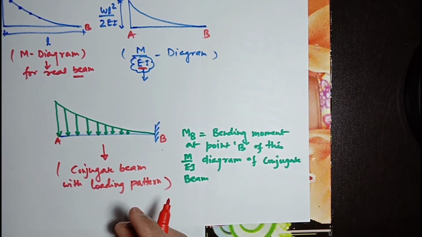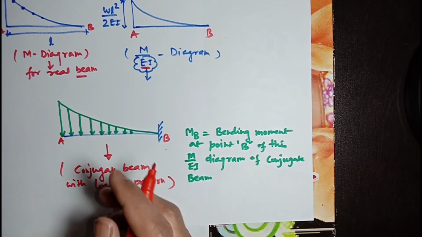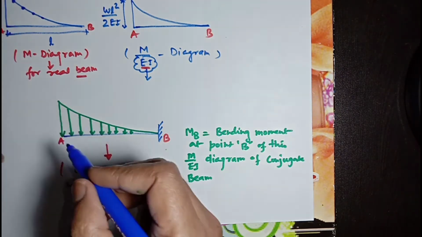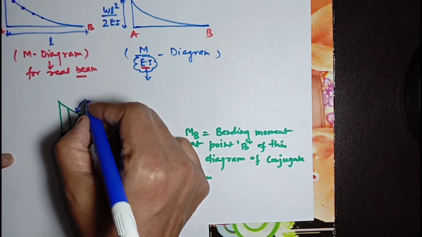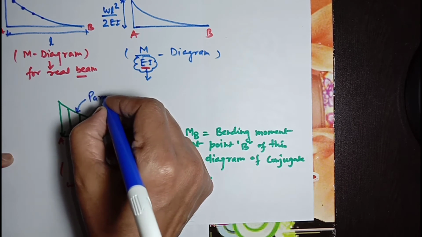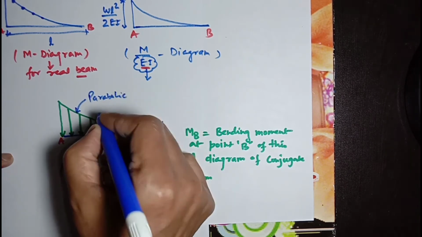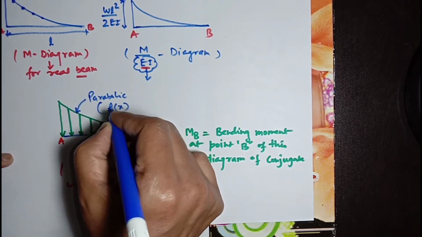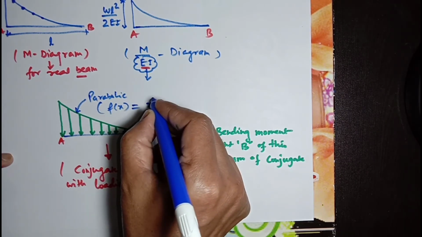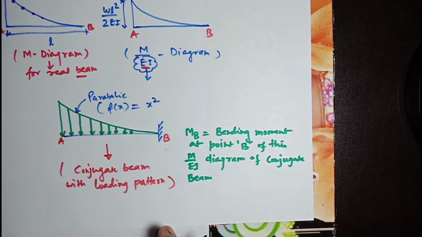This is a cantilever beam having a load in this profile. The loading curve is a parabolic curve. Function of this curve will be x square.